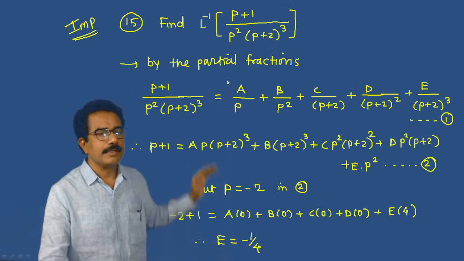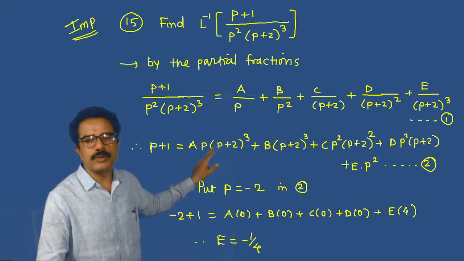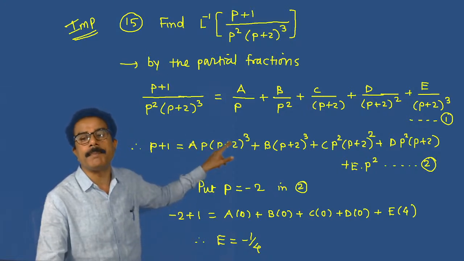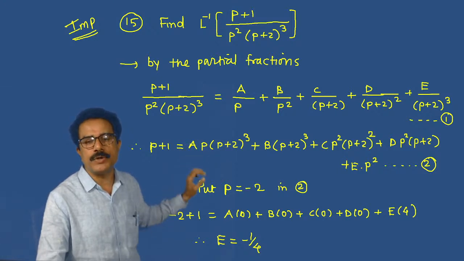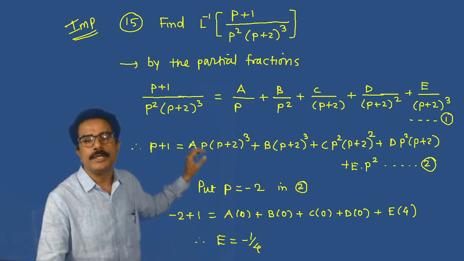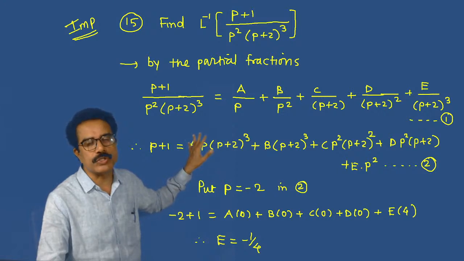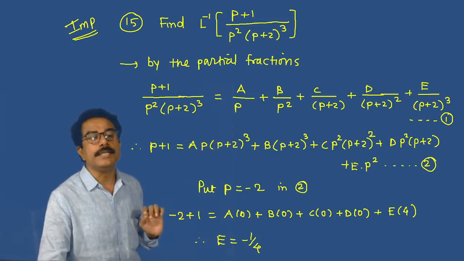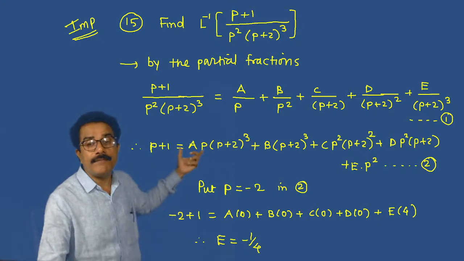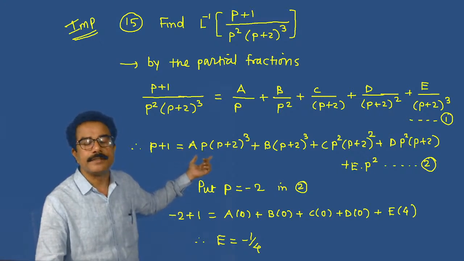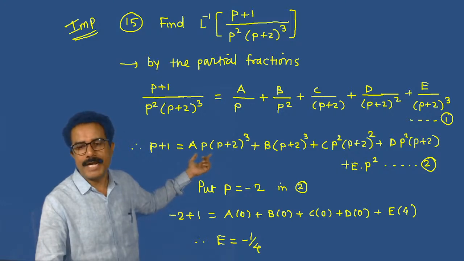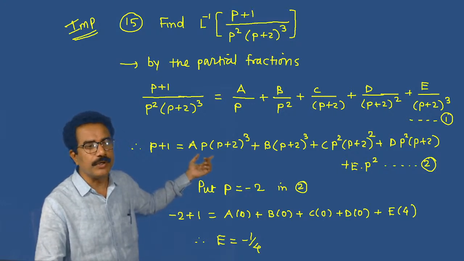Now see this, there are only two factors here, P and P plus 2. So we can put P equals to 0 and P equals to minus 2, then those brackets will go to 0 and we can find the constant. But after this we can't make any bracket 0.